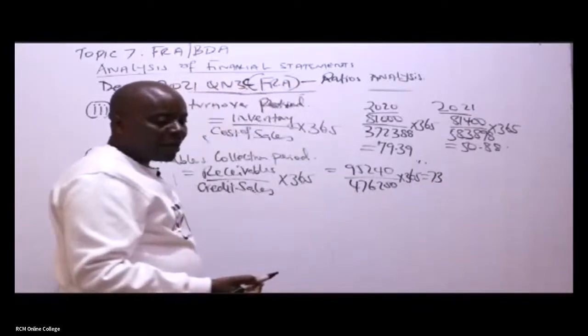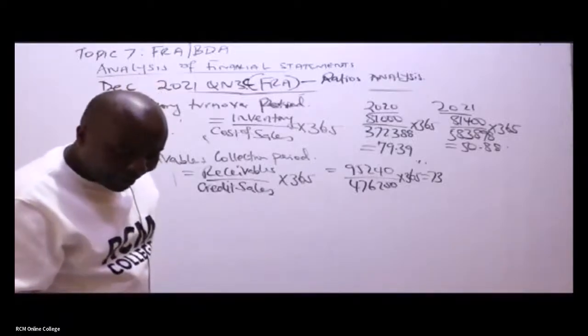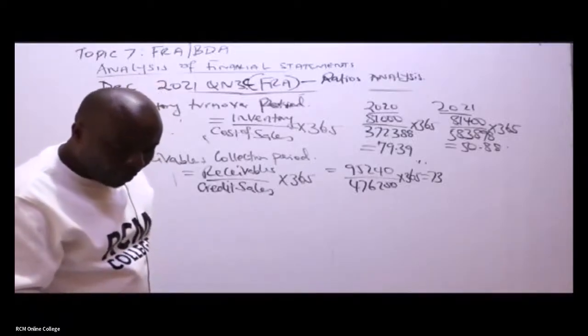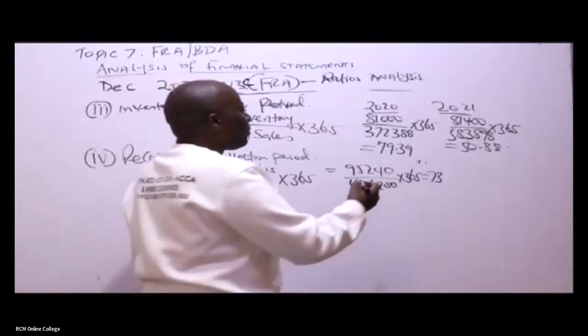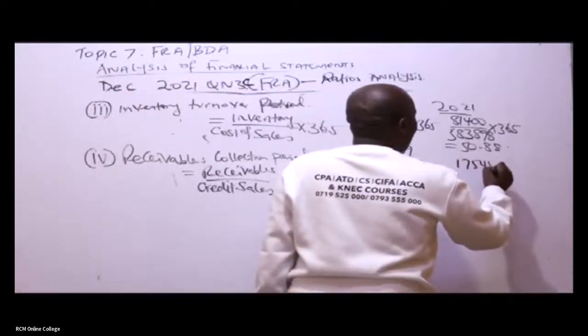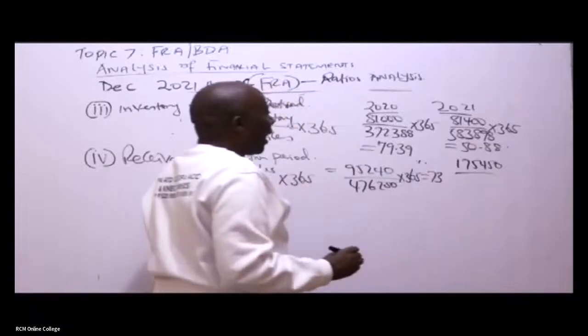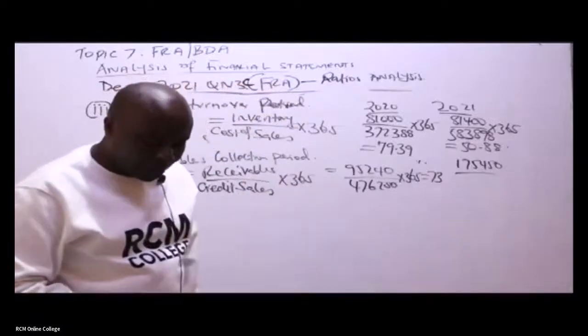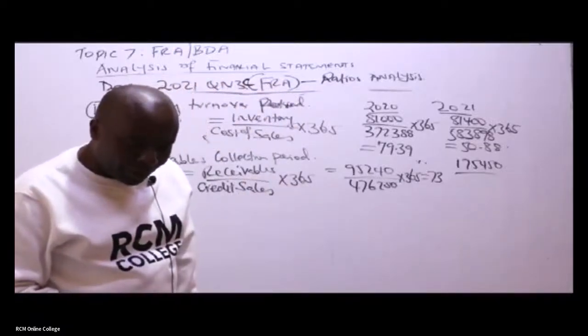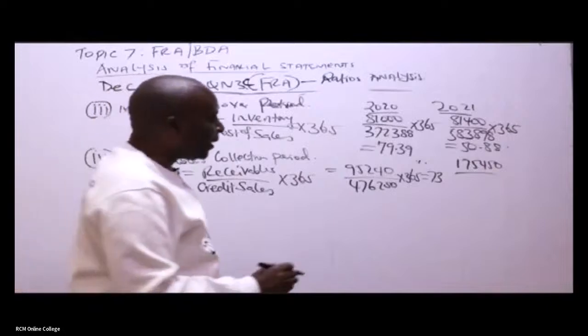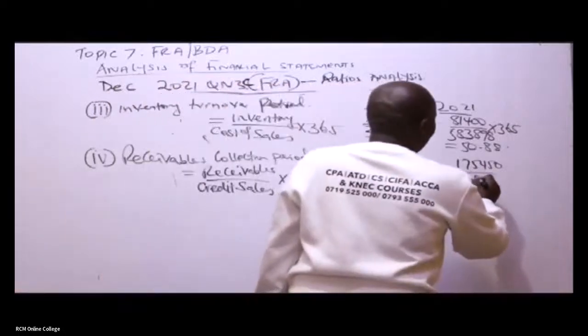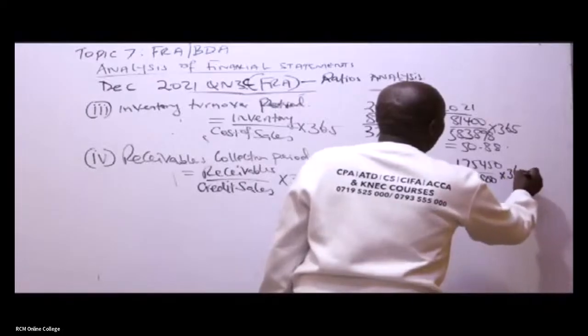How about 2021? I can see my receivables there are 175,450. We divide this by the credit sales for 2021, which here are 701,800, times 365.